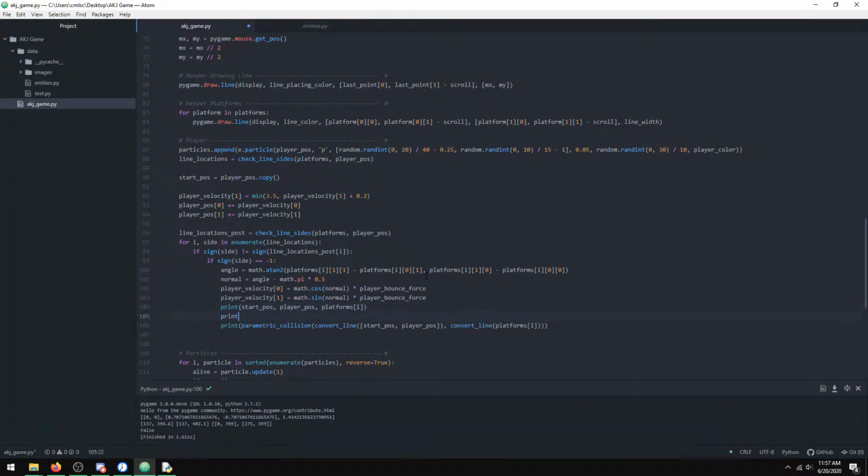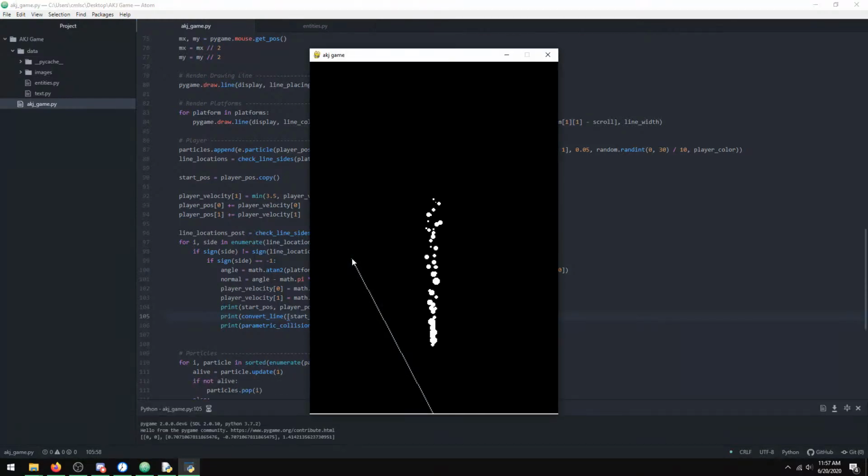So time to print the convert line of the start position. Oh wait, no, it's the start position and the player position. At this rate, I'm going to spend all my time on math.